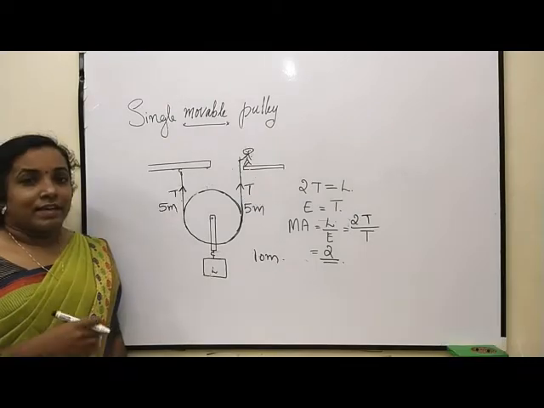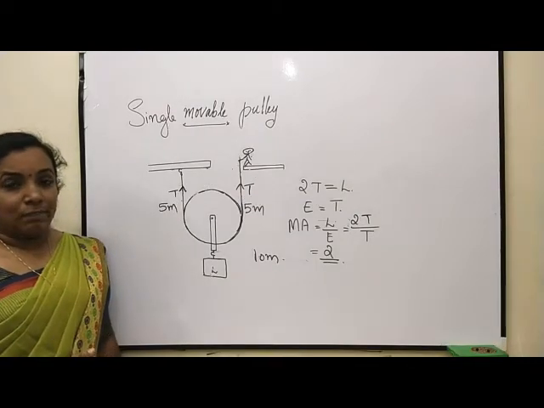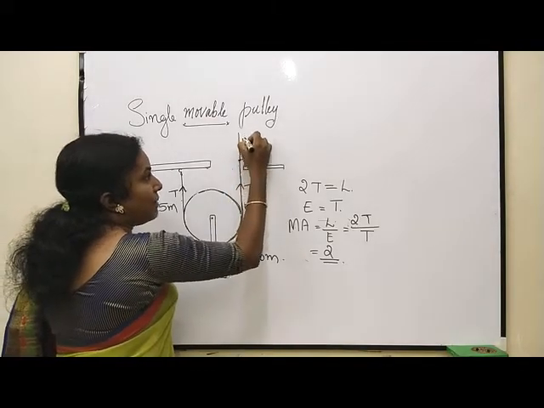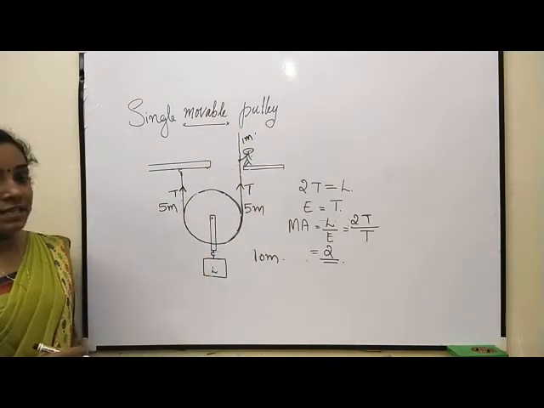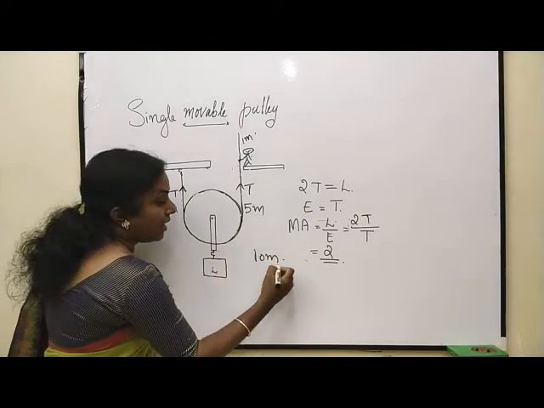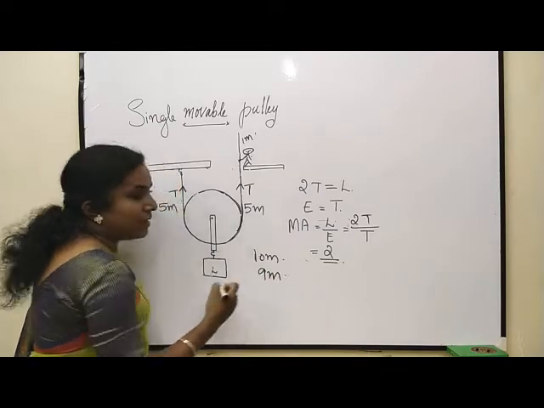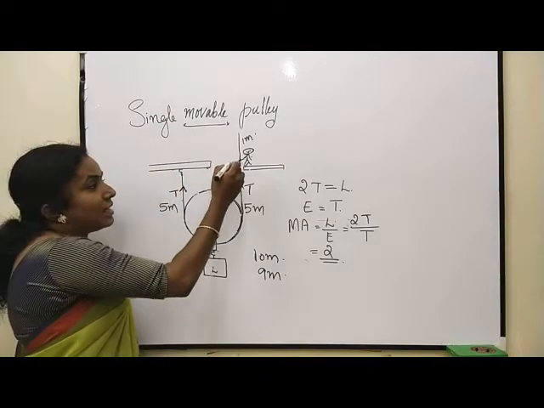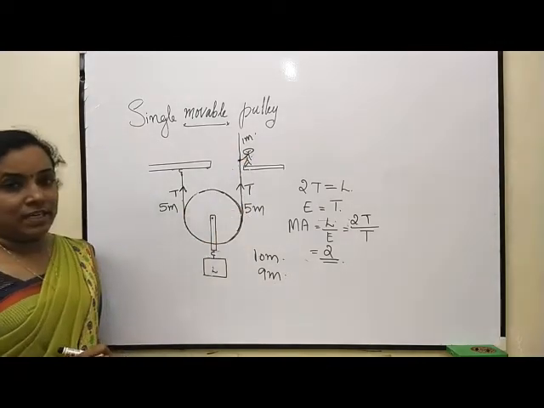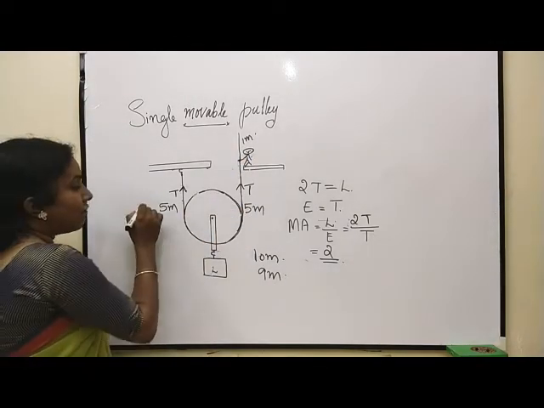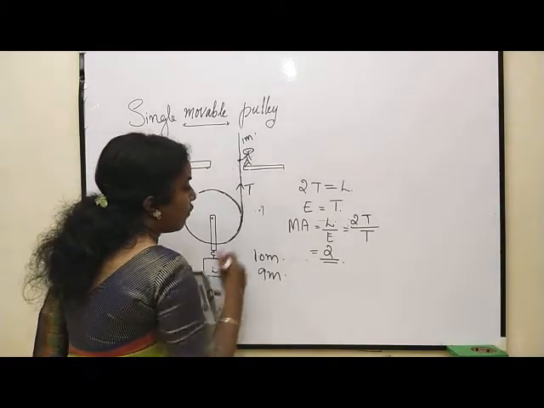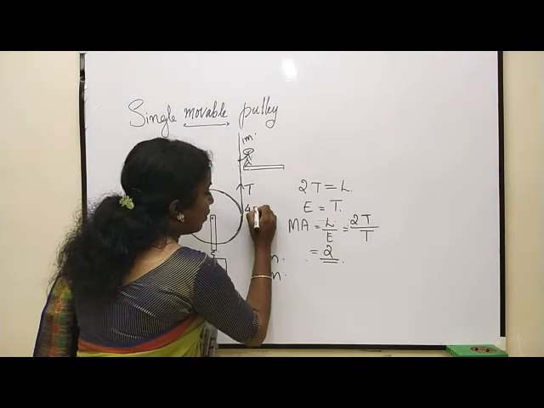Now if an effort is applied to lift this rope in upward direction by 1 meter, that means the total length of the rope is reduced by 9 meter instead of 10 meter now. So the length of the rope after this effort point is only 9 meter. 9 meter means 4.5 meter on this side and 4.5 meter on this side.